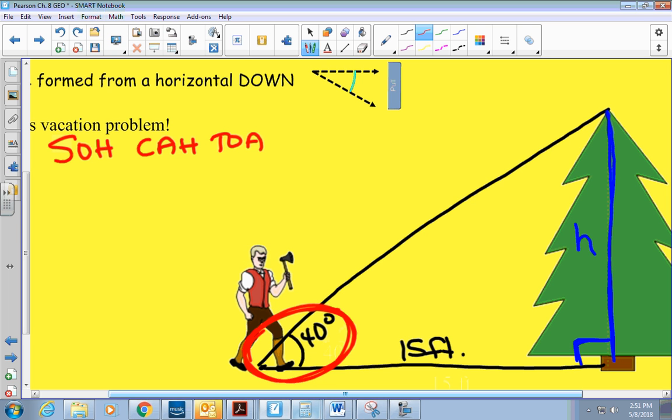So from the 40 degrees, Freddie, this line here where 15 is, is it the adjacent, the opposite, or the hypotenuse? The 15 feet. Is that side adjacent to 40, opposite 40, or the hypotenuse?